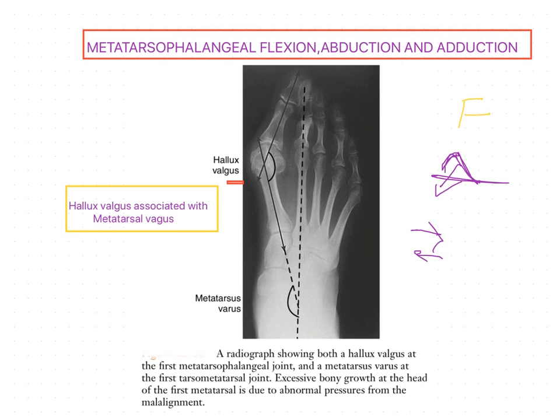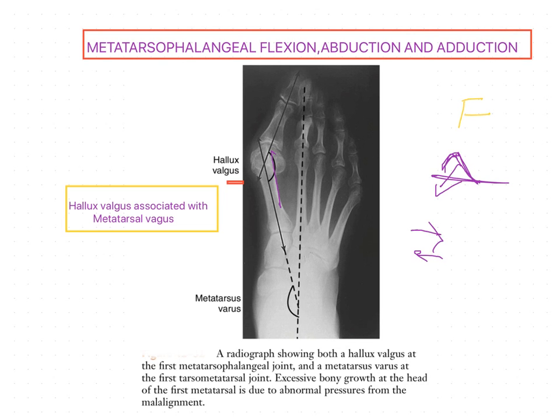Normally the first toe is adducted on the first metatarsal about 15 to 19 degrees. That one is normal.